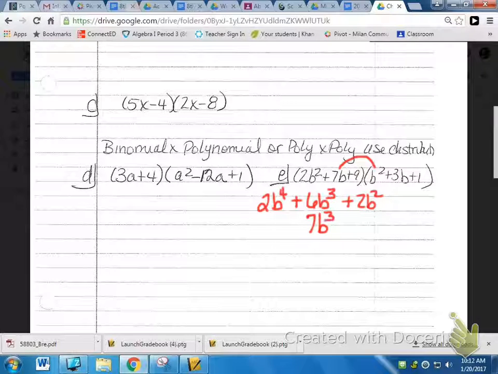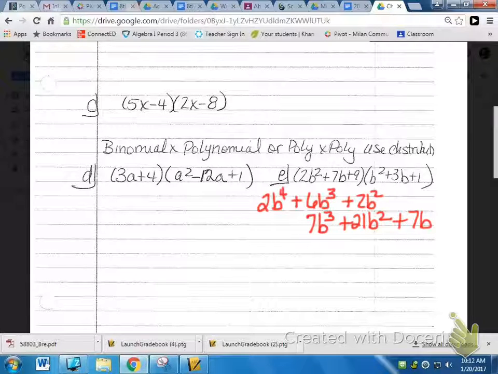I'm going to be lining these up as we go. 7b times 3b would be 21b squared. 7b times 1, 7b. And I'm done with that one. If you ever have one term missing, like if it skipped from a fifth down to a third, there's nothing wrong with that. That's just the way it works out.